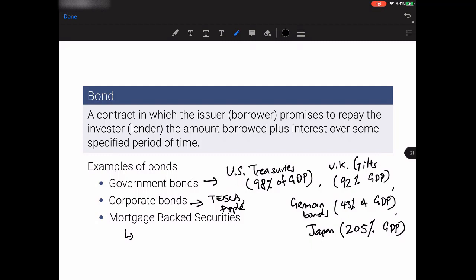So this is too complicated for us for now, but if you're interested in fixed income and credit risk, you should take that class and learn more about it. So too complicated for us, so I will refer you to the credit risk class.